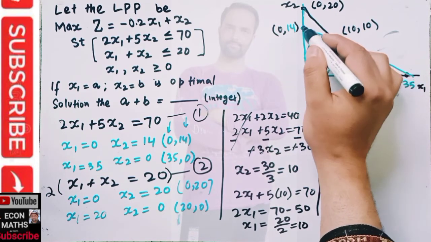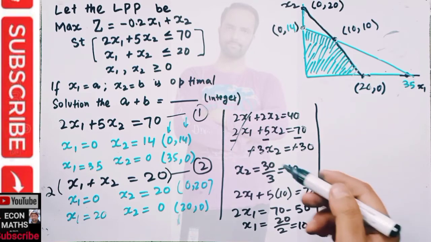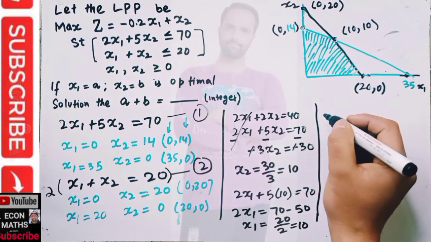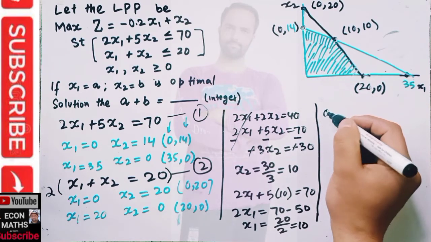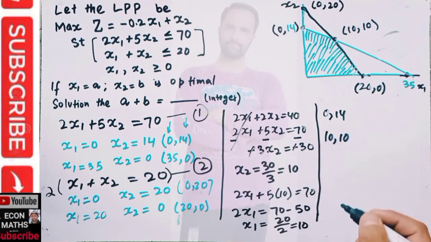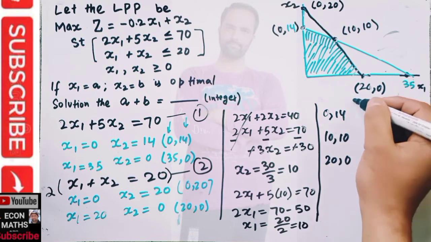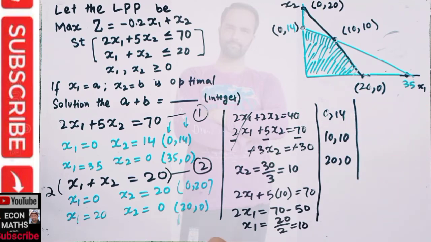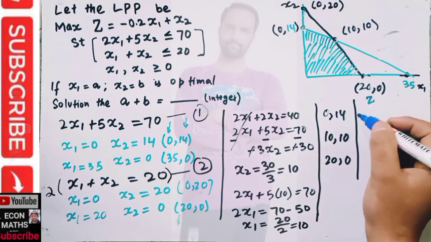Now we have 3 points, and at these 3 points we need to find out what will be the maximum possible value of z. So what are the points we need to focus on? We have 0, 14, then we have 10, 10, and then we have 20, 0. Just plug these values into our objective function. So what will be our z then?